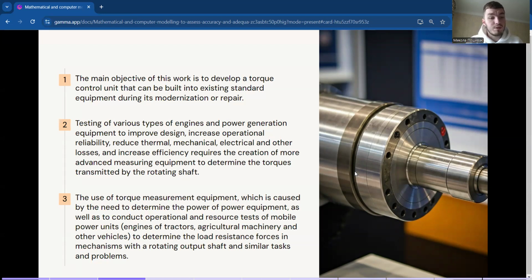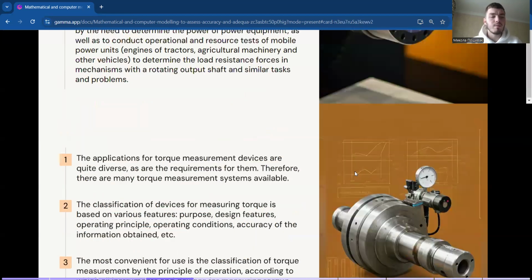The use of torque measurement equipment is caused by the need to determine the power of power equipment, as well as to conduct operational and resource tests of mobile power units, engines of tractors, agricultural machinery, and other vehicles, to determine the load resistance force in a mechanism with a rotating output shaft, and similar tasks and problems.